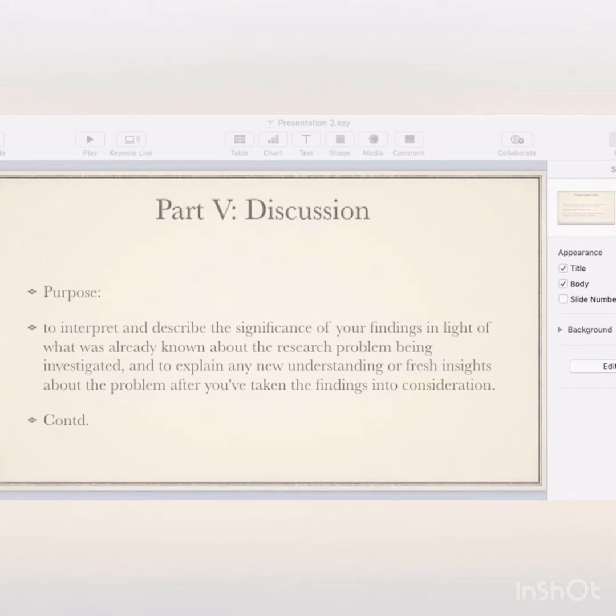The first reason is that the discussion is there in order to allow for the interpretation and description of how significant your findings are in light of what was already known about the research problem being investigated. And secondly, the discussion allows the researcher to explain any new understanding or fresh insights about the problem after taking the results into consideration.